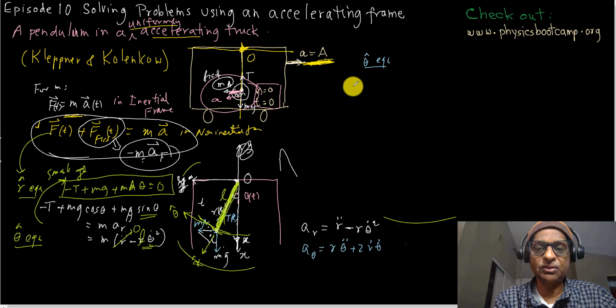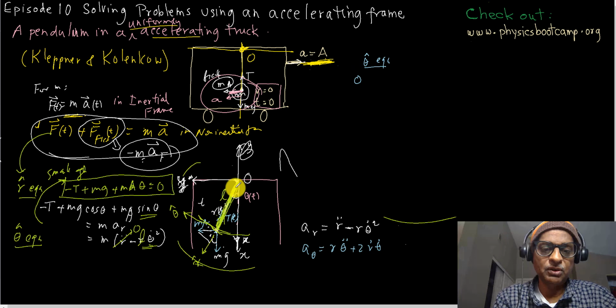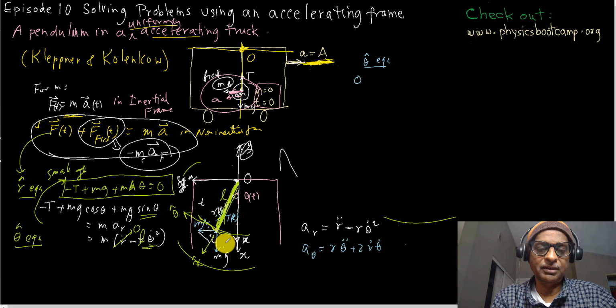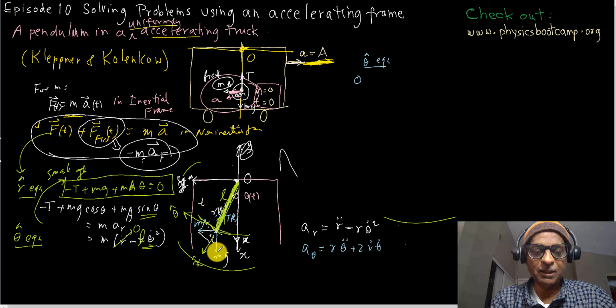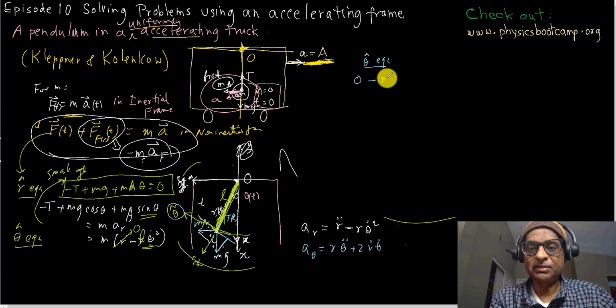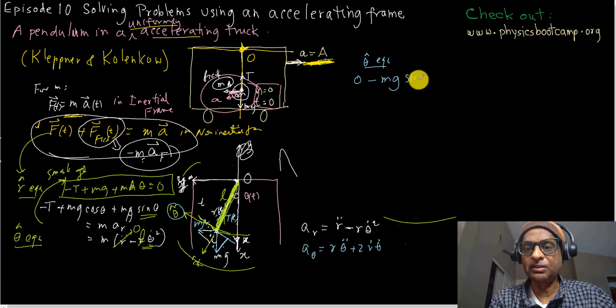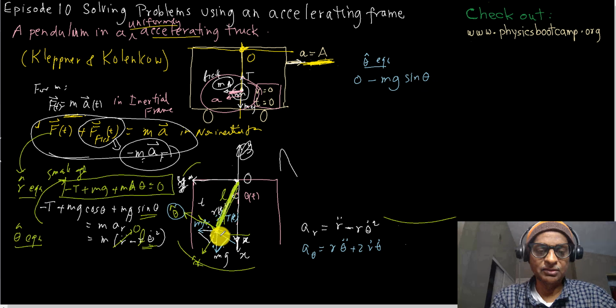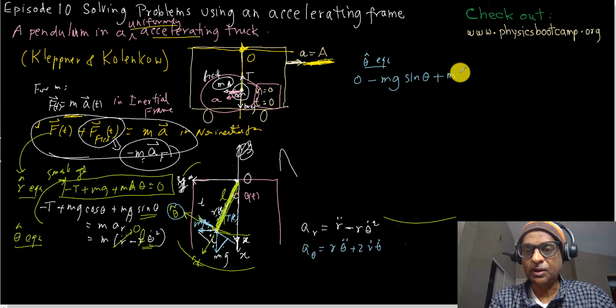Tension has a 0, since tension was all along the r hat, so for theta hat I will have both for mg, this is angle theta, so it's going to project in the opposite direction of theta hat, so it's going to be minus mg sine theta, and ma points this way, so it's going to be plus ma cosine theta.